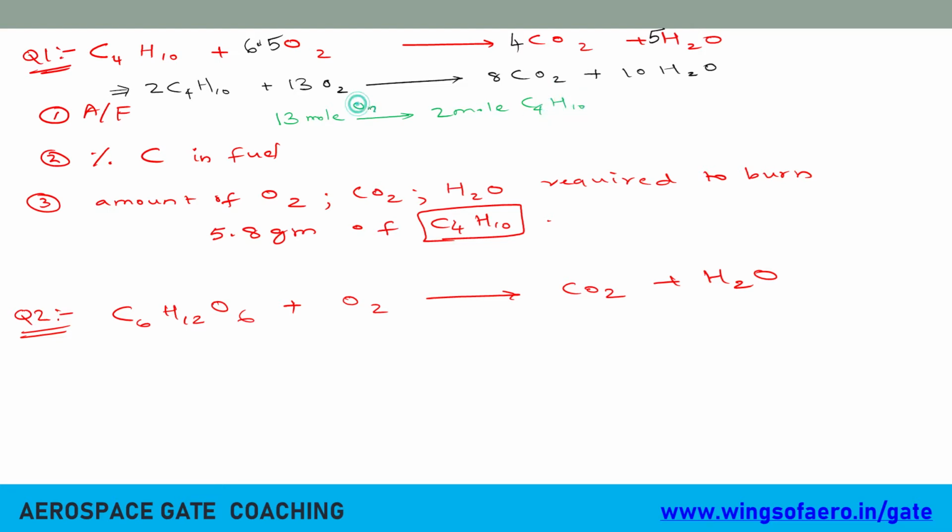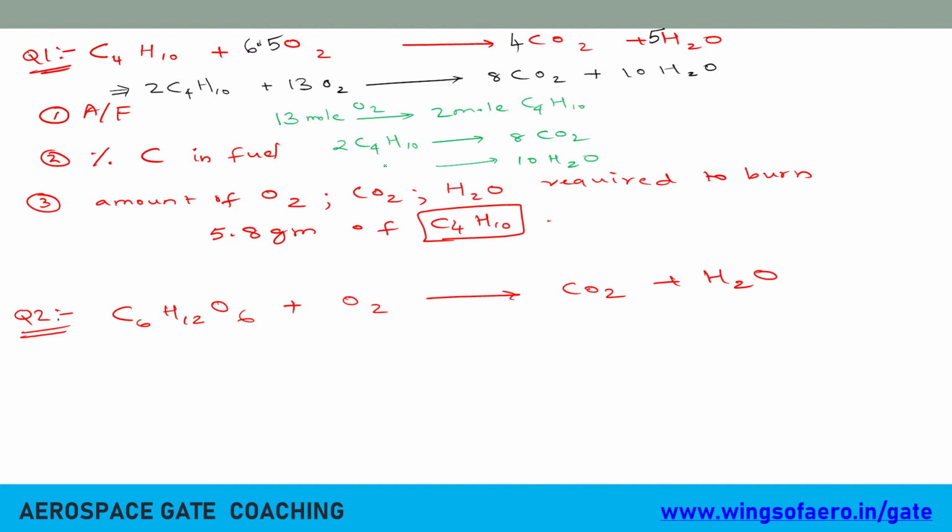I can express this equation in this way, or I can say to make a complete combustion of 2 moles of C4H10 we get 8 moles of CO2 and 10 moles of H2O. There are many ways we can discuss this particular equation.